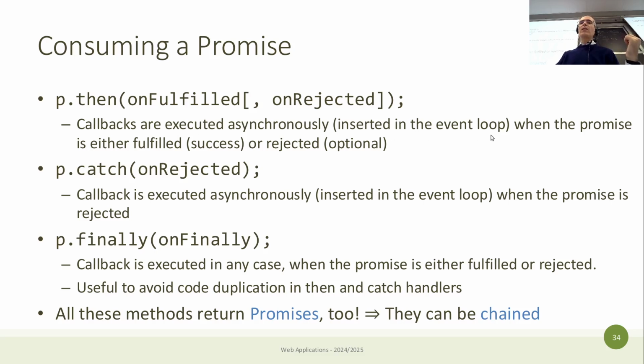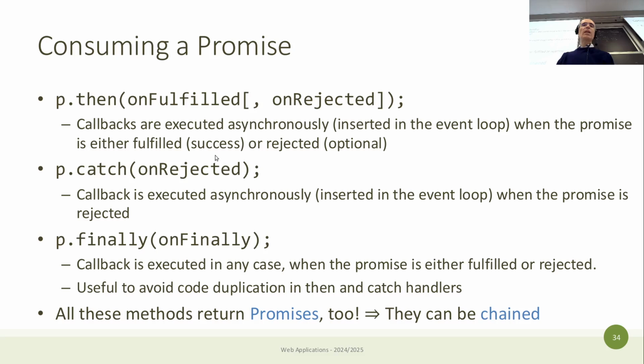That means inserted in the callback queue and then moved by the event loop into the call stack whenever it's free. The callbacks will be executed when the promise is either fulfilled or rejected. If it's fulfilled, the one attached with the .then will be executed, and if it's not fulfilled, the one with the .catch will be executed, okay?